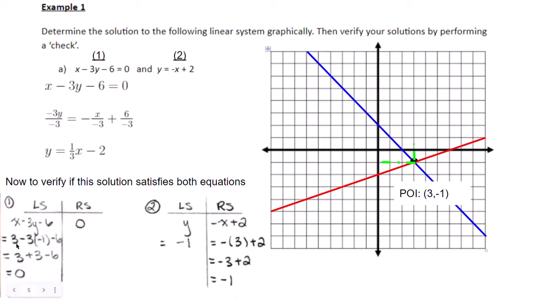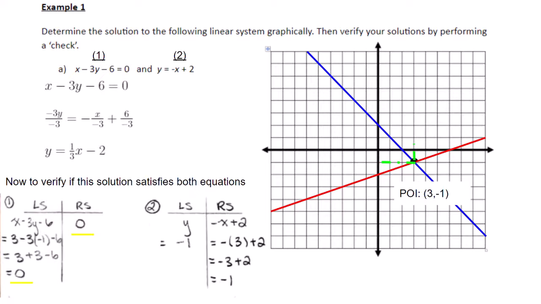So 3 minus 3 times negative 1 minus 6; there are two negatives, so it becomes 3 plus 3 minus 6, and that becomes 6 minus 6, which is 0. On the right hand side, we have equals 0. So the left hand side equals the right hand side for this equation when we plug in our point (3, -1).